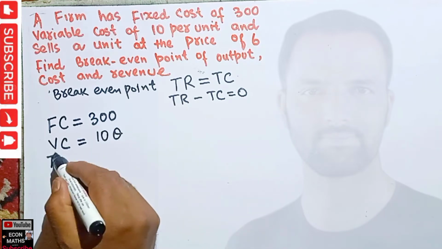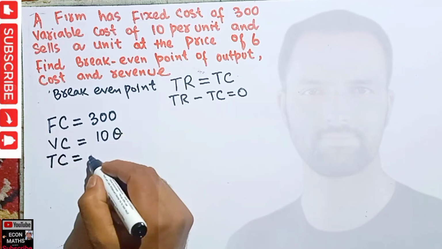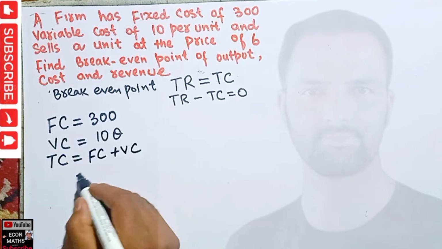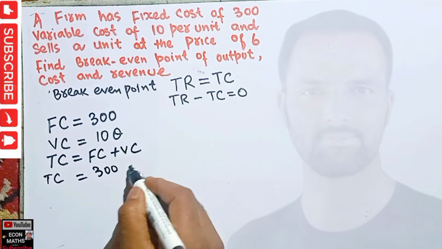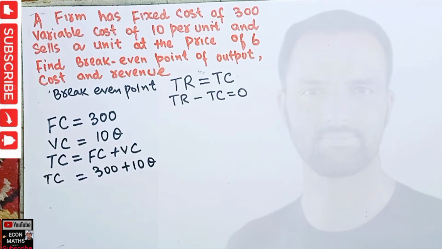And now what is the total cost? Total cost is simply the aggregate of fixed cost and variable cost, that is FC plus VC. This is 300 plus 10Q. This is our total cost.